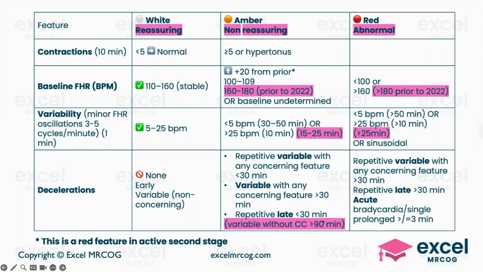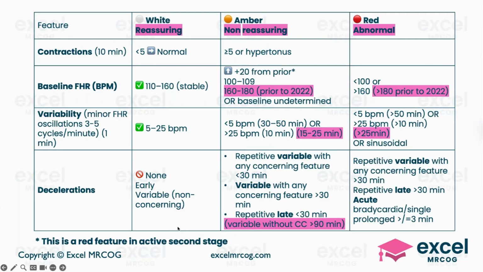So we are worried the moment we have a late deceleration of any nature. Any nature of early deceleration, we are not worried because we know it's head compression. We are definitely worried about late, but for variable, we are worried if there are concerning features and their timing we have to remember.